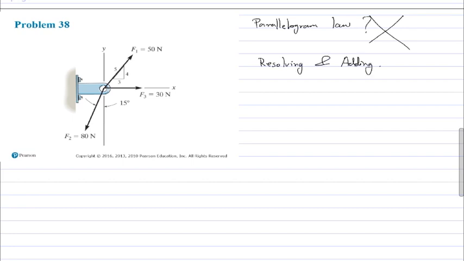So essentially, what we have here are three forces, and what I can do is replicate or just pick these three forces one by one.